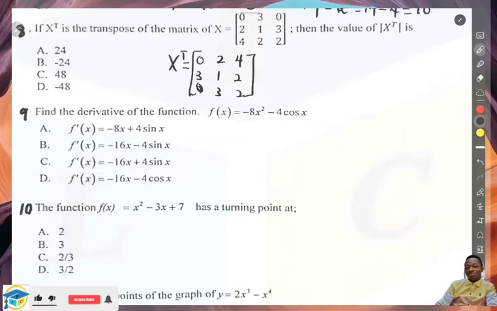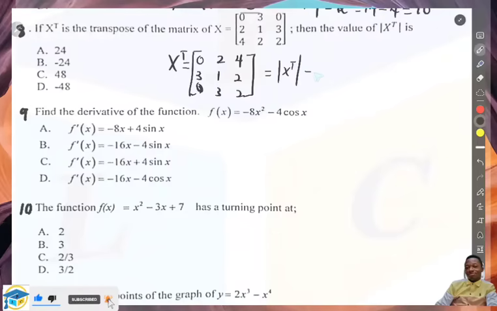Once you're able to get this, you are also asked to find the determinant of this matrix. Remember, here too, we can even use a calculator to solve for the determinant of a matrix. But for the purpose of this presentation, we want students to appreciate how they can manually solve for the determinant of a matrix. We go by that by using the upward arrows and downward arrows, and then we are good to go.